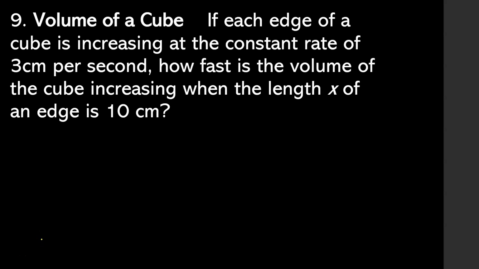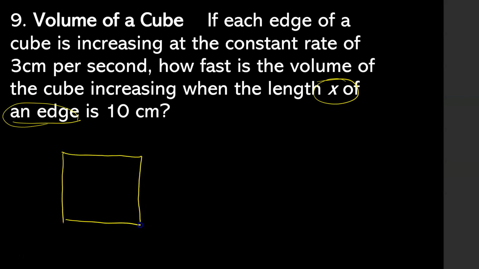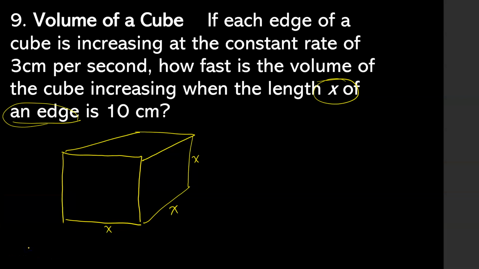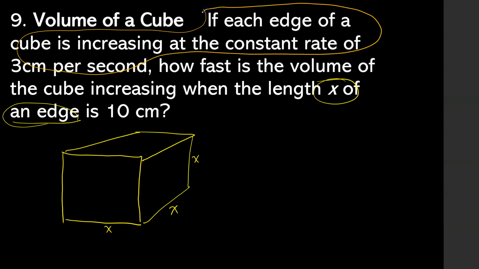Okay. So I want to pull out a couple of things. Length x of an edge, that tells me how to label things. x, x, x is the diagram I'm looking at. Okay, let's go back and re-highlight this.